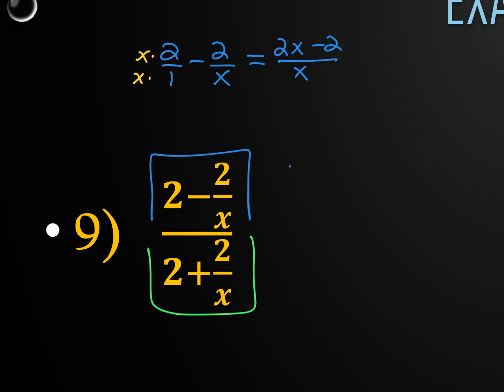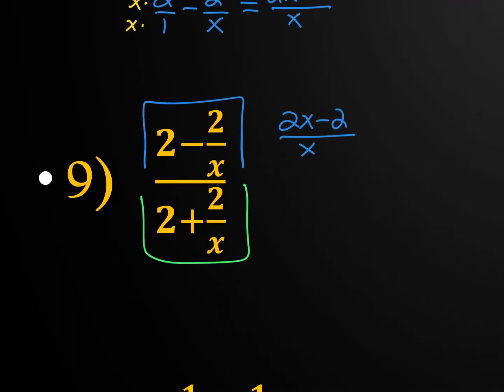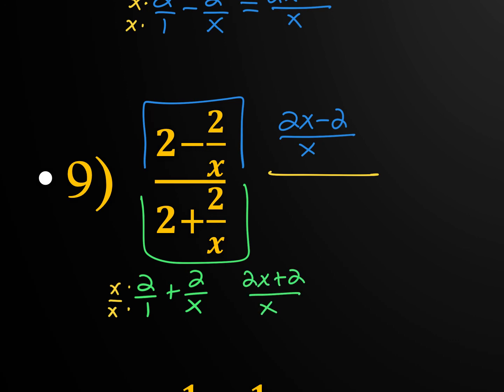So that's the simplified numerator. And then the denominator, again, I can put 2 over 1 plus 2 over x. This one is missing an x. That's my LCD. So then this becomes 2x plus 2 over x.